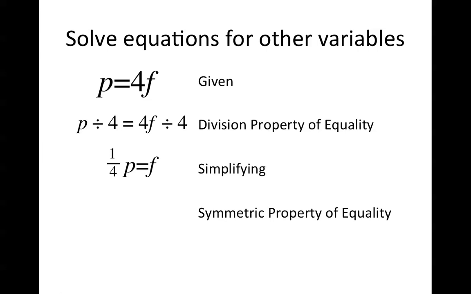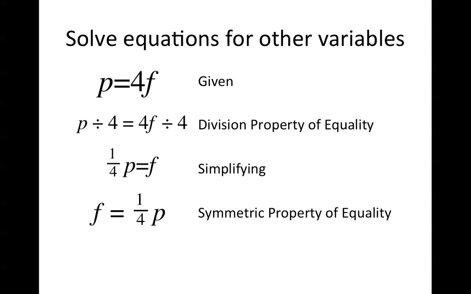And now we're going to use the symmetric property of equality to reverse what's on this side and what's on that side, so that our equation says F equals, and it says F is equal to 1/4 P. It sort of makes sense, doesn't it? If a palm is 4 fingers, then a finger is 1/4 of a palm, right? In much the same way that if a dollar is 4 quarters, then a quarter is 1/4 of a dollar.